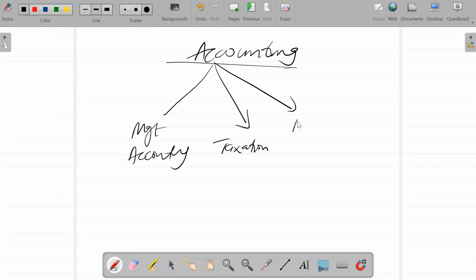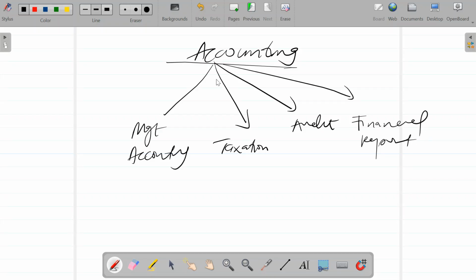We have audits. We have maybe financial reporting. We have maybe finance, a little of finance. Yes. So accounting is broad. We have various aspects.